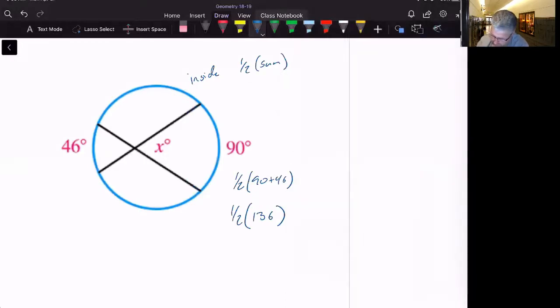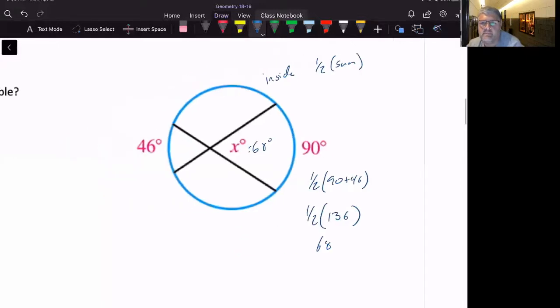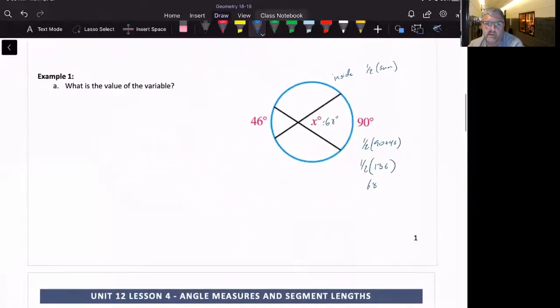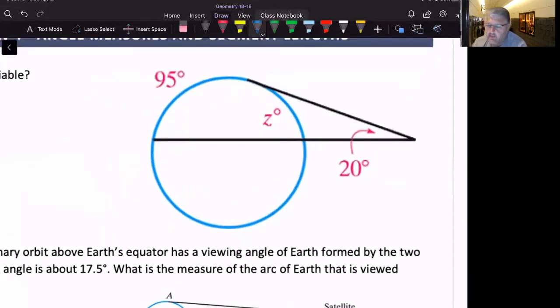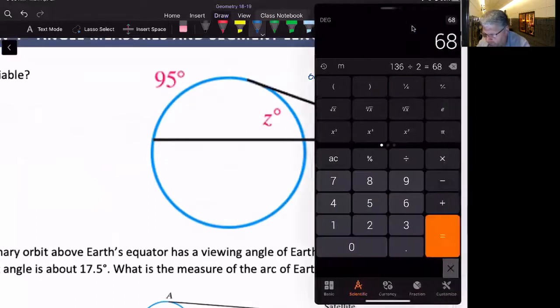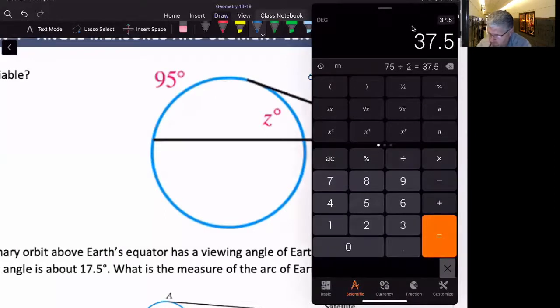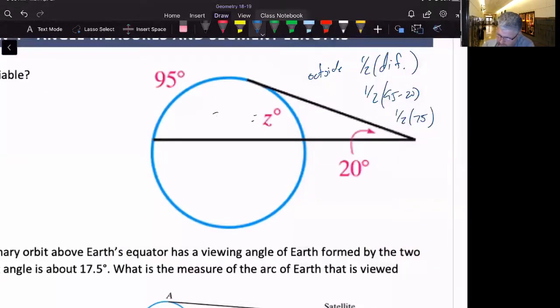So 68 would be X. Again, since they're inside, half the sum. These intersect outside, so it's 1/2 the difference. So it'd be 1/2 of 95 minus 20, so 1/2 of 75. So 37.5 would be Z.